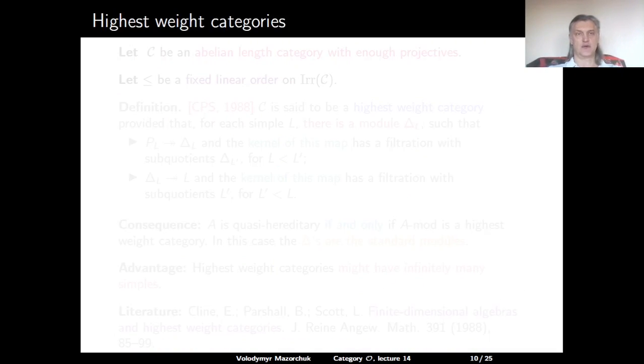Let us now discuss the notion of highest weight categories. Let C be an abelian length category with enough projectives.